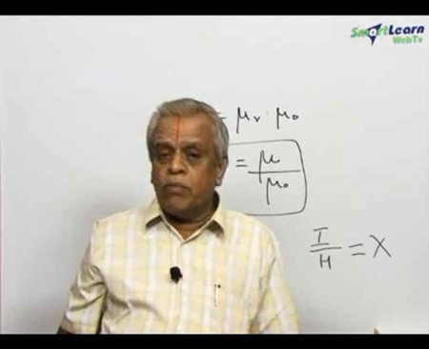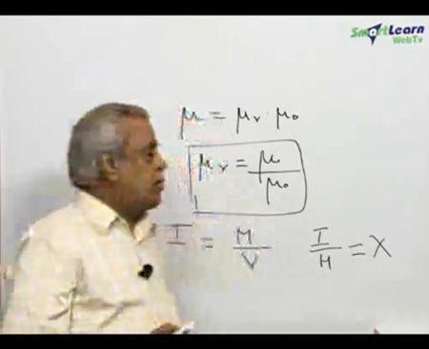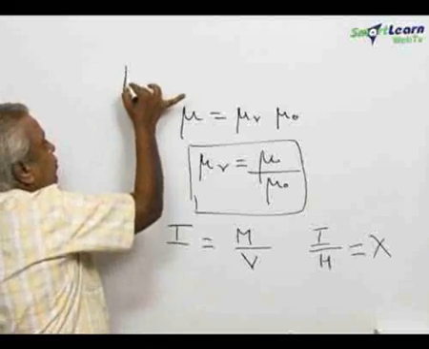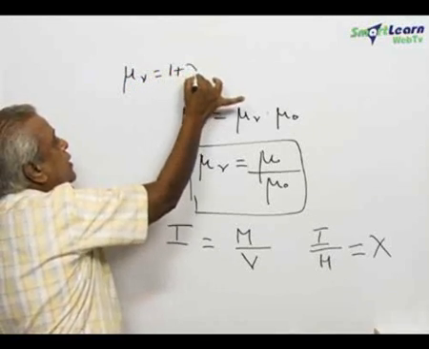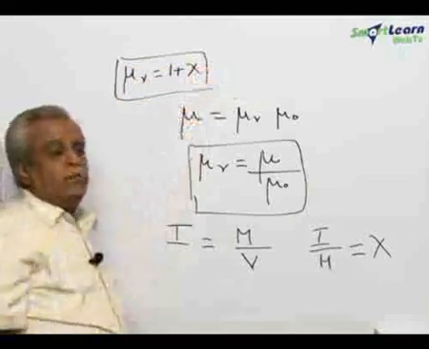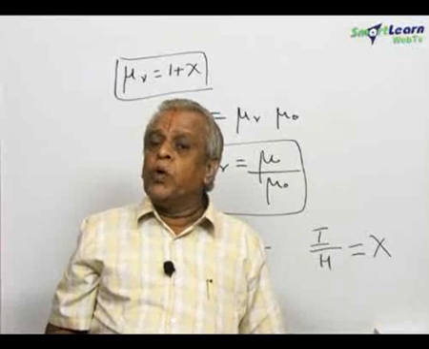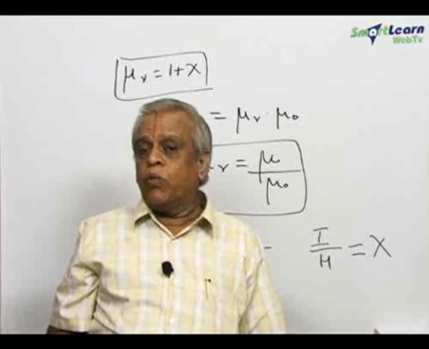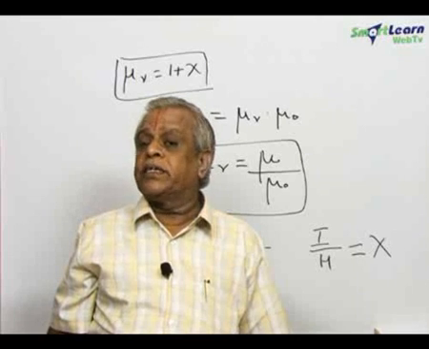The relative permeability is related to susceptibility by a simple relation: mu r is equal to 1 plus chi, where chi is the susceptibility of the medium. If chi is negative, then mu r will be less than 1. If chi is positive, mu r will be greater than 1.